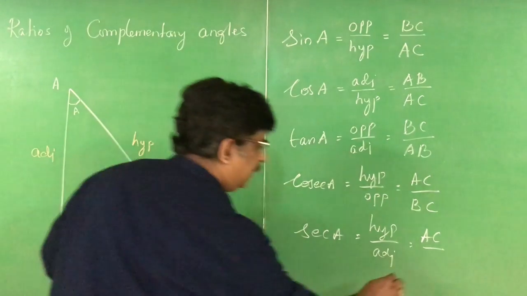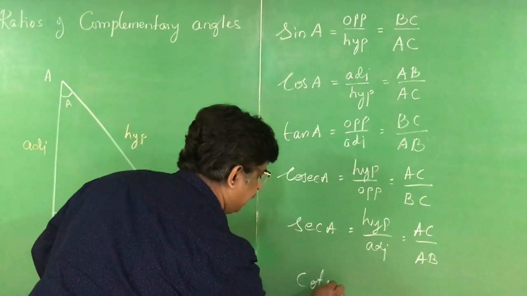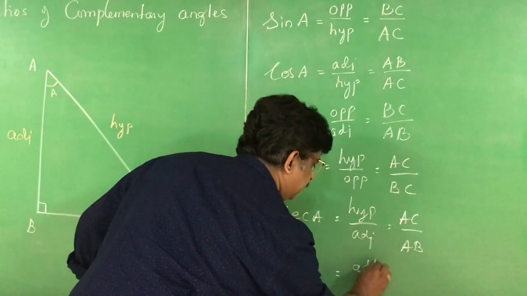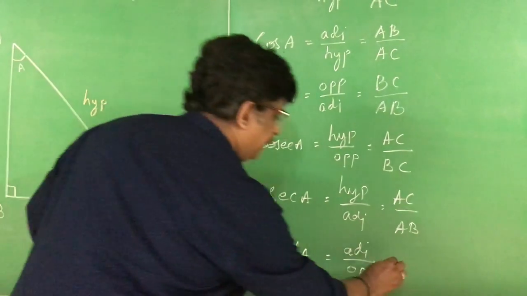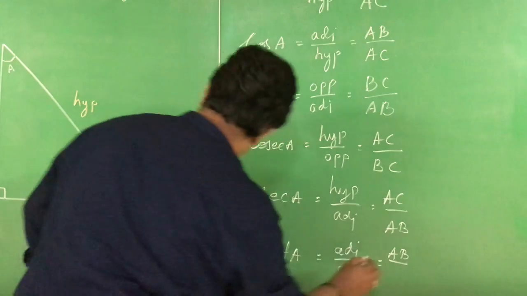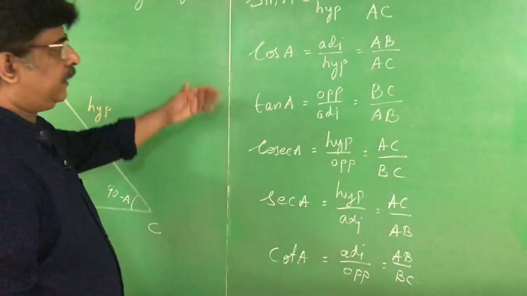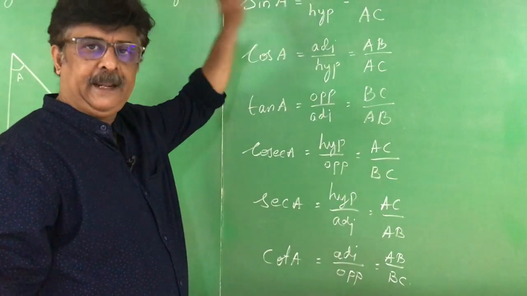Adjacent is AB. And the last one is cotangent theta, or cot theta. Cot A. Cot theta is equal to adjacent by opposite. Adjacent is AB. Opposite is BC. These are all the trigonometrical ratios with respect to angle A.